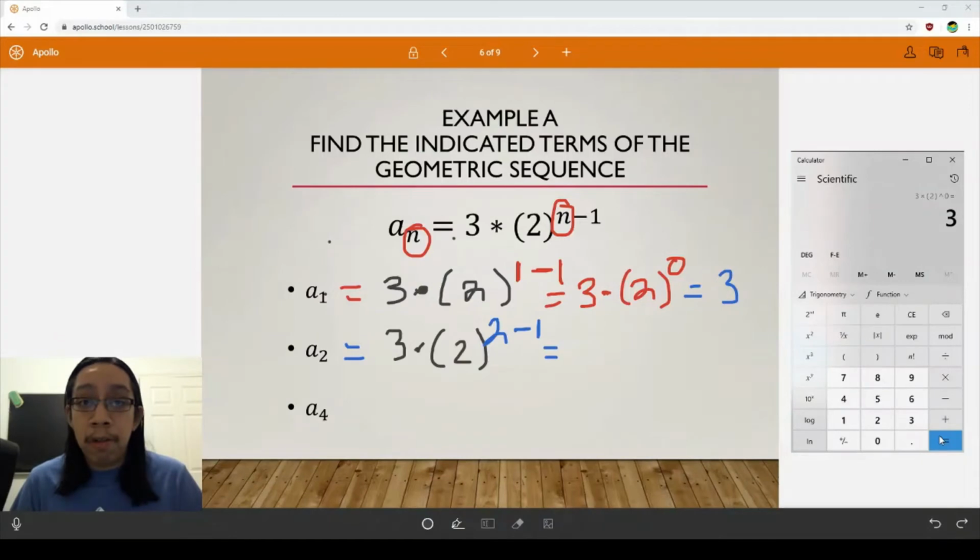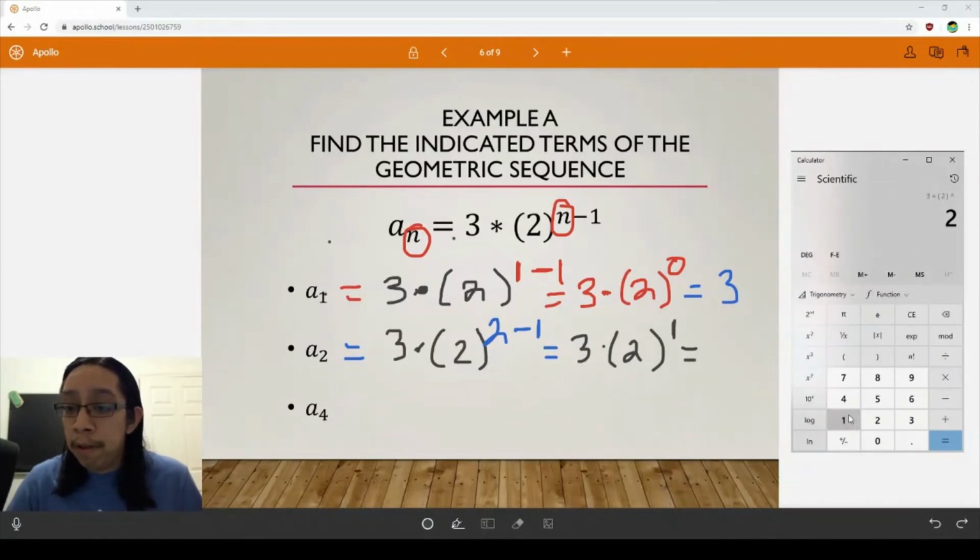Again, what we can do here is try to simplify as much as we can. So we have 3 times 2. 2 minus 1 is 1. And again, from here we use our calculator to simplify. So 3 times parentheses 2 to the power of 1. And our answer is 6. So we're going to put a 6 here.